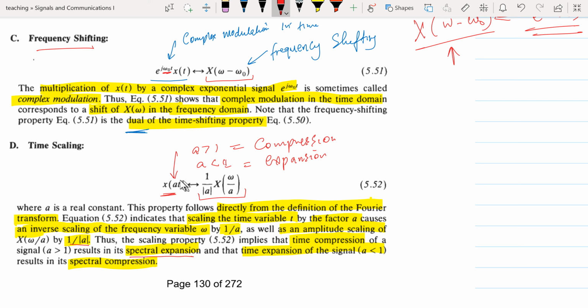You can see that if you compress time, you expand the spectrum that is defined by omega. Similarly, if you expand your signal, that results in spectral compression. And I think the best thing would be to look at an example.